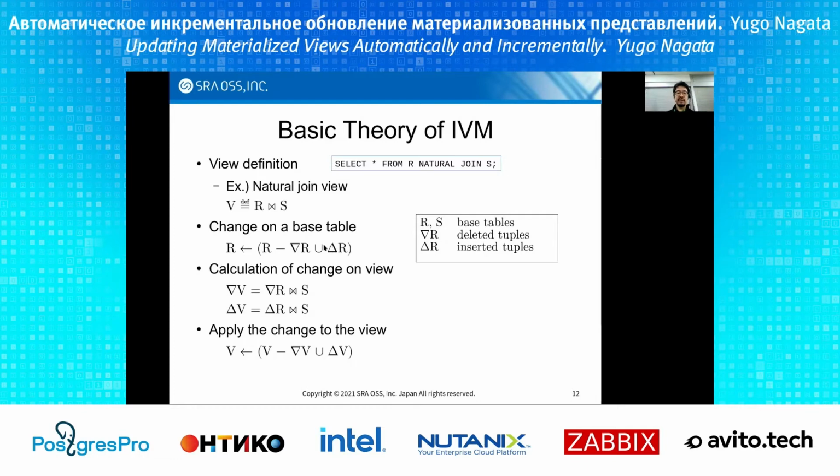And Greek delta R, delta R means tuples inserted into the table. Using these table changes, we can calculate changes on the view, nabla V and delta V. And by applying these changes to the view, we can get the latest state of the view.